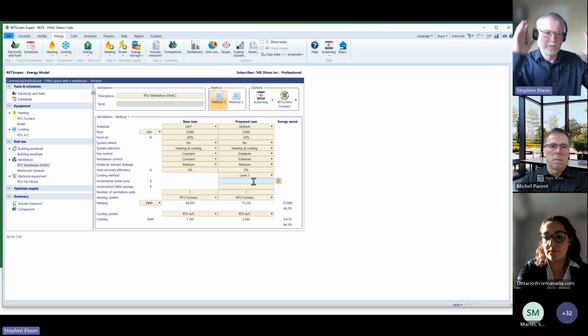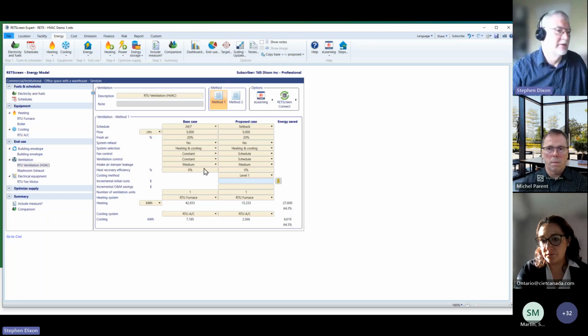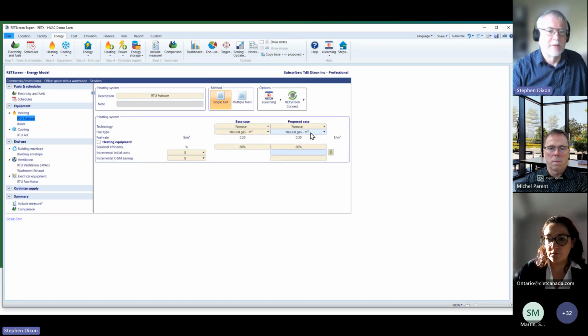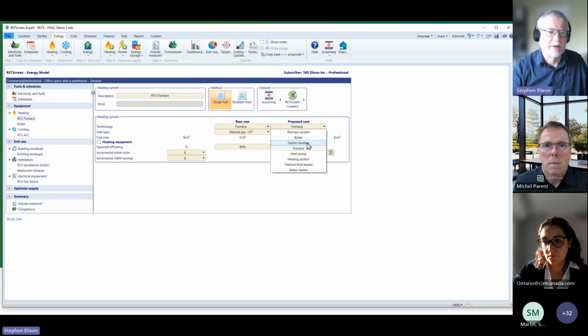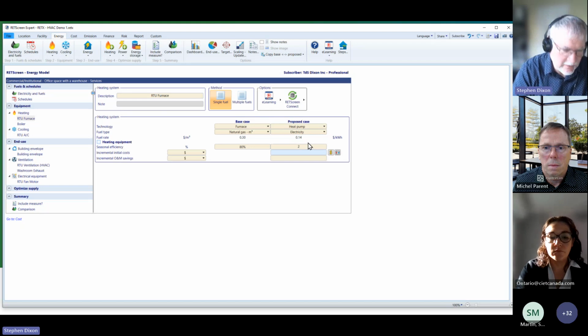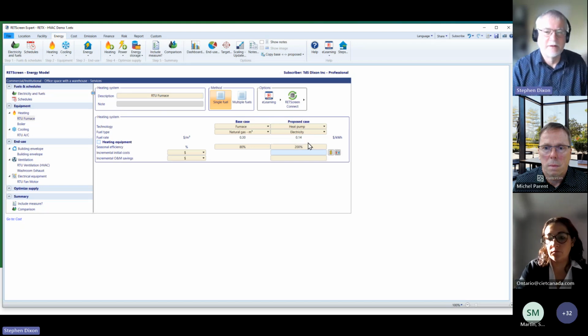Say we're replacing a rooftop unit at asset renewal time. Let's say we're going to take a rooftop unit over to an electric one, to a heat pump, and I'm going to have electricity here. So I'm going to put a COP of, say, 200% efficiency, a COP of 2. So what incremental cost do I go in here?